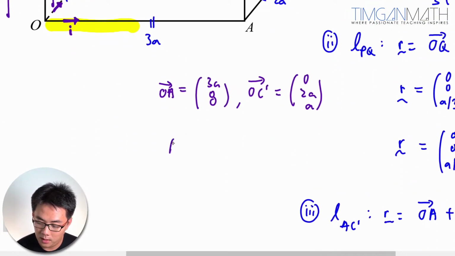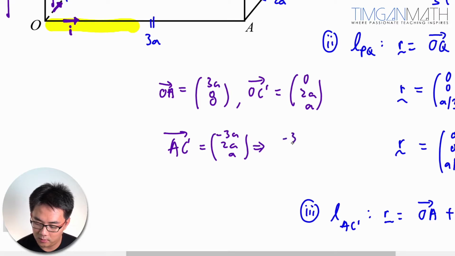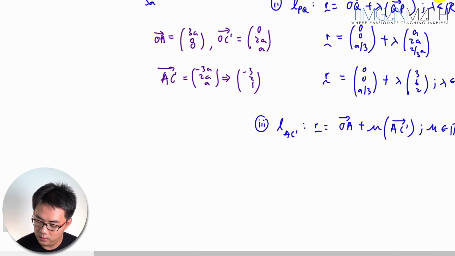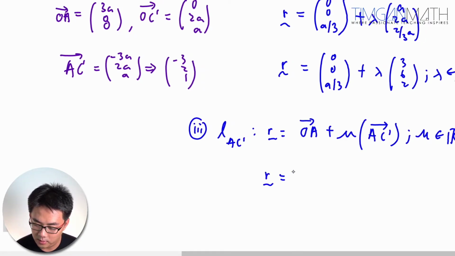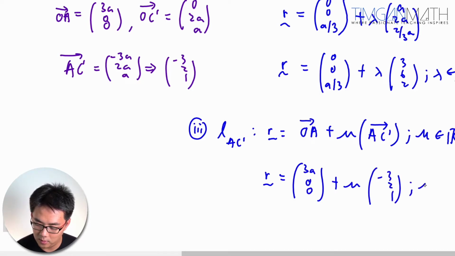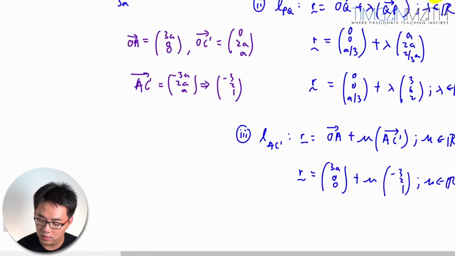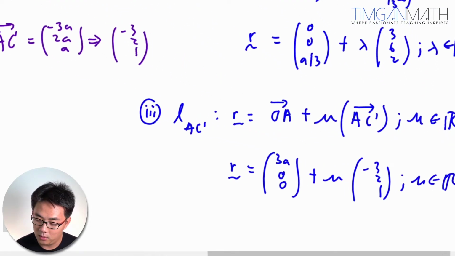So AC prime will just be minus 3A, 2A, and A. This will simplify as minus 3, 2, 1. Great. So I'm just going to use 3A, 0, 0 plus lambda minus 3, 2, 1. So what you're going to do is just equate them. Equate them and hope for the best.